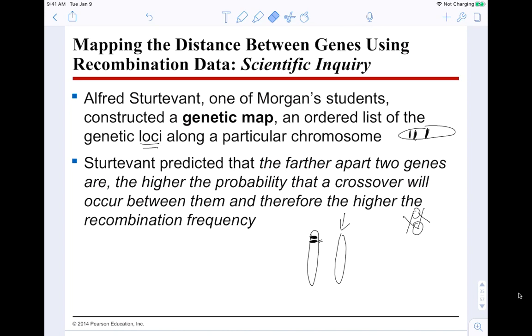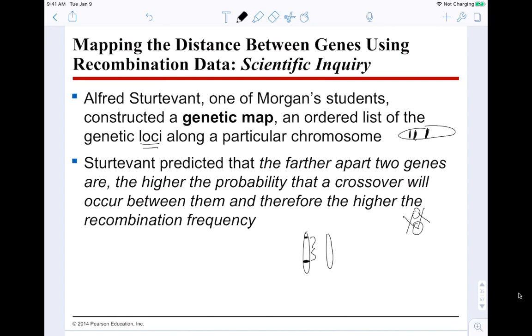Whereas let's say I have another chromosome and I've got a gene here and a gene here. Look at all this space, all this room for them to separate because of crossing over.